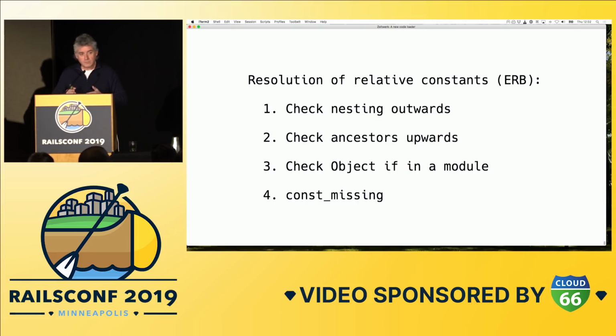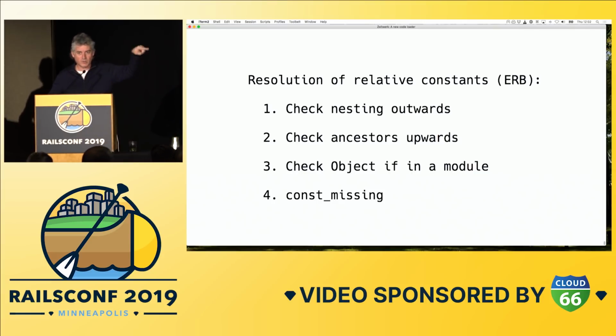So if you use, for instance, the Hash constant inside a listing, first Ruby checks the nesting. Even if you think Hash, the global thing, the built-in, it is just a regular constant. So Hash goes first to the nesting, then the ancestors, and if you are in a module, it has to check Object, which is where Hash is stored.